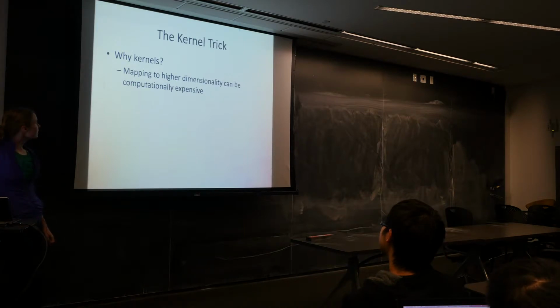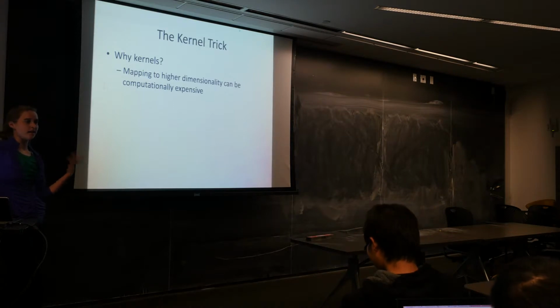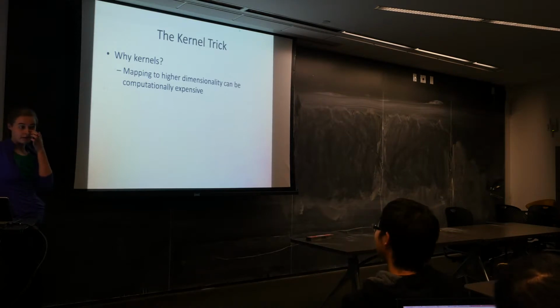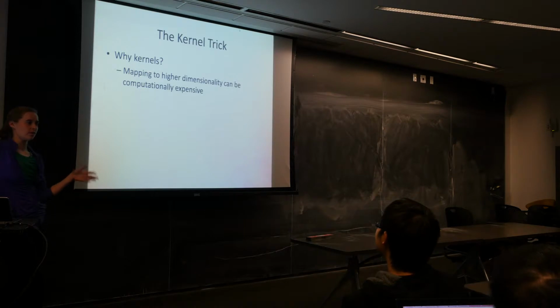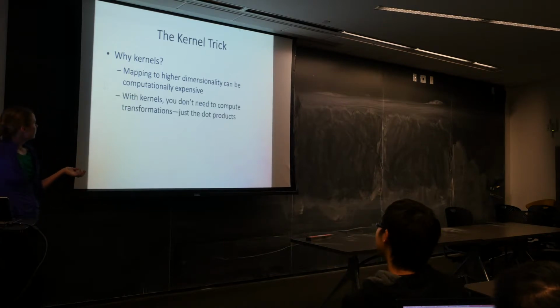So the kernel trick is important and useful because it allows you to map to a higher dimensional, more complex space without going through all the computation of actually transforming your features into that space. Instead, you can just do this simple operation to get what's equivalent to the dot product.